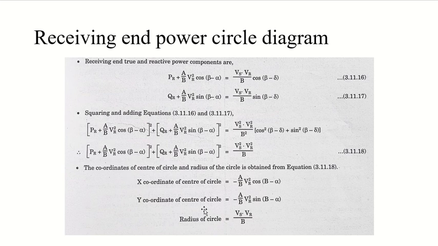And for the y coordinate you will have minus A by B VR square sine beta minus alpha, which is again basically this formula here. So for the x coordinate of the circle you will get this formula, for the y coordinate this formula, and the radius of the circle will be this formula, VS VR divided by B.